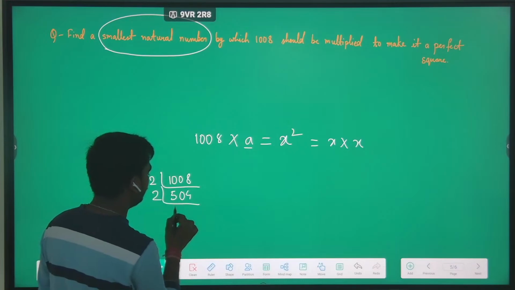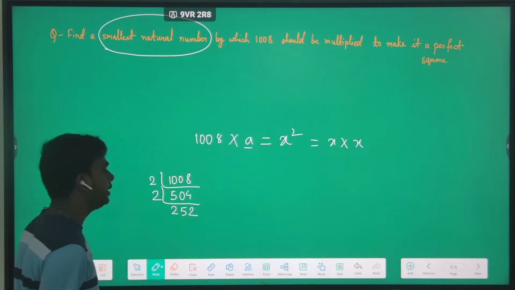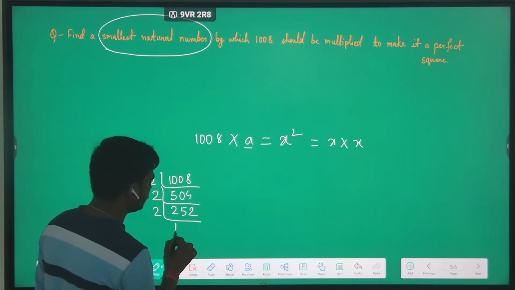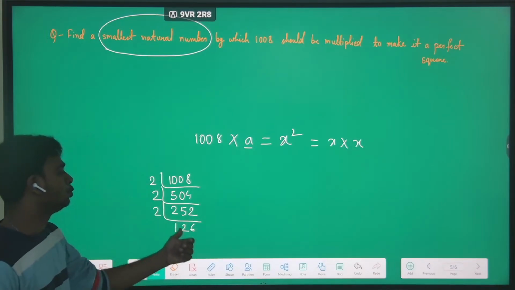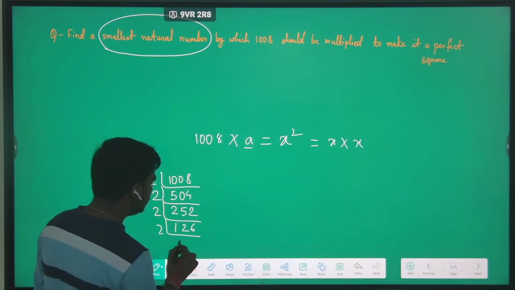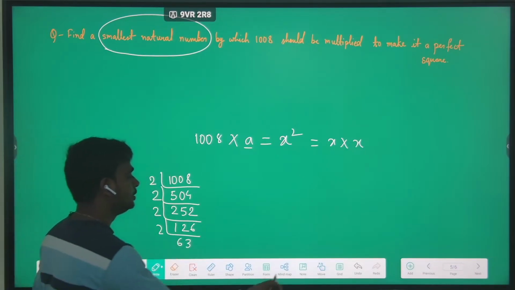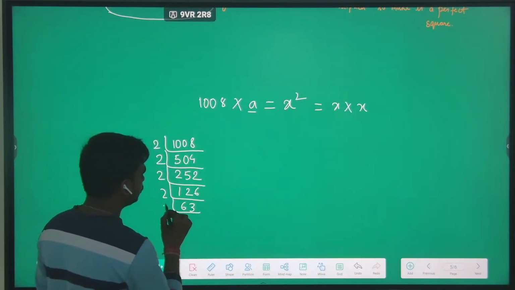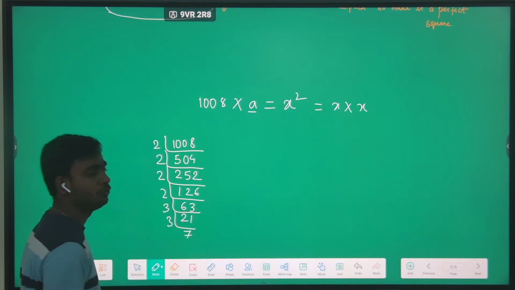Similarly, for this 504, 2 2s are 4, 2 5s are 10, 2 2s are 4. We will get 252. Again, 2 1s are 2, 2 2s are 4, 2 6s are 12. Now, 2 6s are 12, 2 3s are 6. Now this number is 63. Clearly it is divisible by 3. So 3 2s are 6, 3 1s are 3, 3 into 7 is 21.